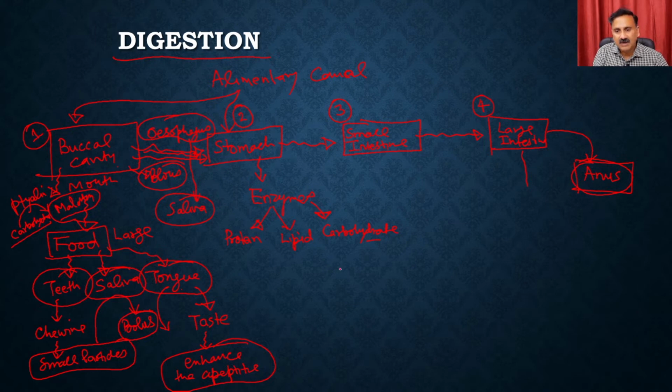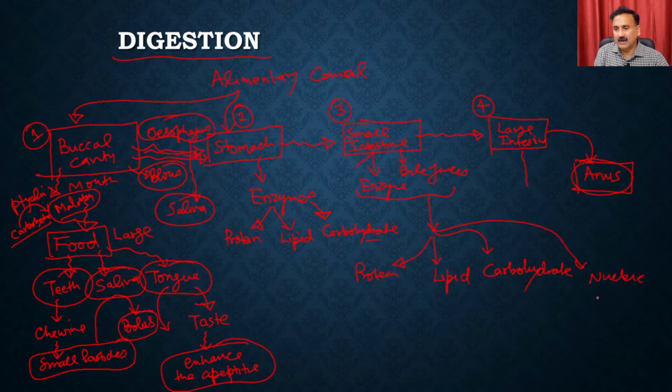Now, once you have this partially digested food, that will enter into the small intestine, and within the small intestine it is going to have the enzymes and the supply of the bile juices. Together these two are going to help in the digestion of the protein, the lipid, the carbohydrate, and also the nucleic acid.